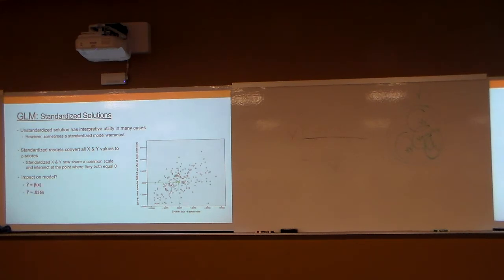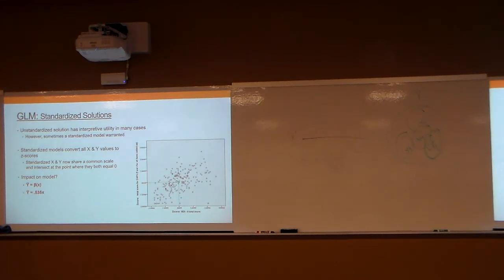Impacts on the model: what I end up with is my standardized equation. I have my expected value of y equals my standardized coefficient times my variable. Here we just have y hat equals 0.535x. Chrissy, what did we lose in this equation? A. Yeah, A's gone.